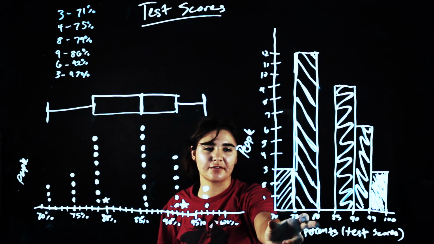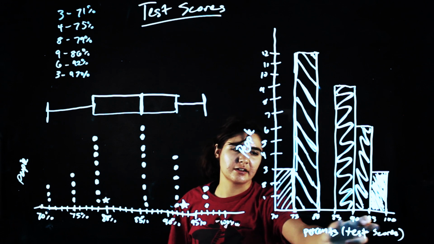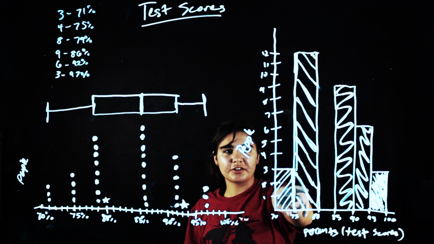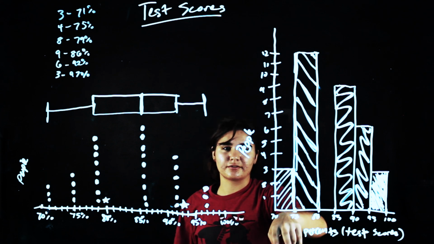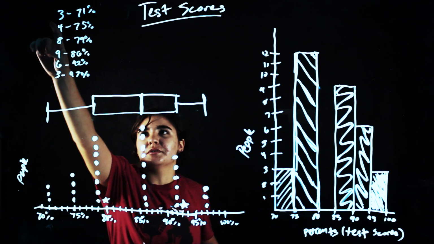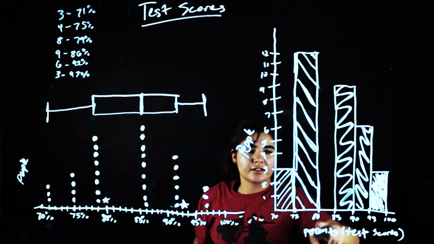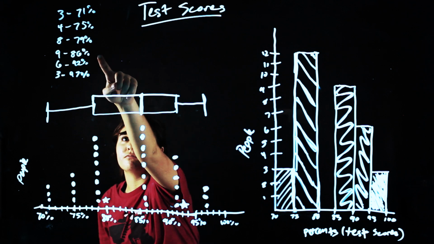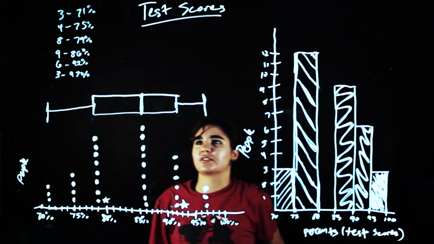Like if this was from 70 to 80, 80 to 90, 90 to 100, and those were the only ranges that we had, well then this bar would be 15, right? Because 15 people scored between a 70 and an 80%, right? Here's our 3 plus 4 plus 8. And if we did it from 80 to 90, well then there's 9 people right there actually, so it'd still be 9.